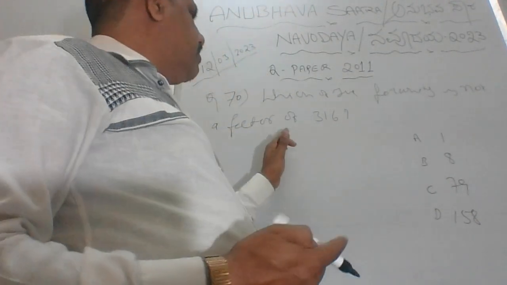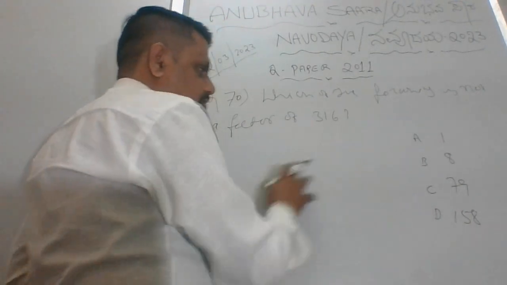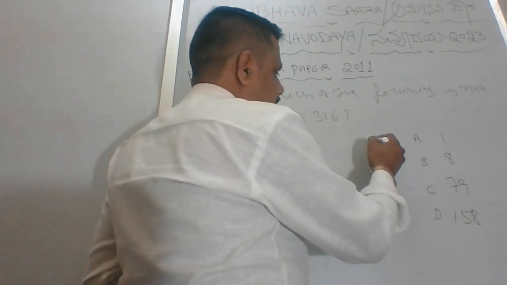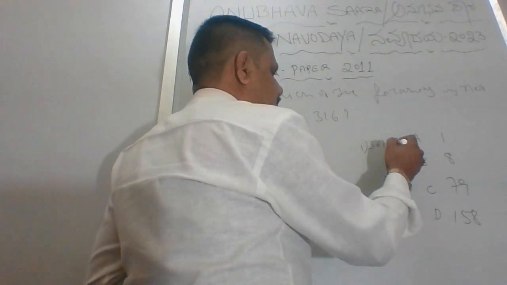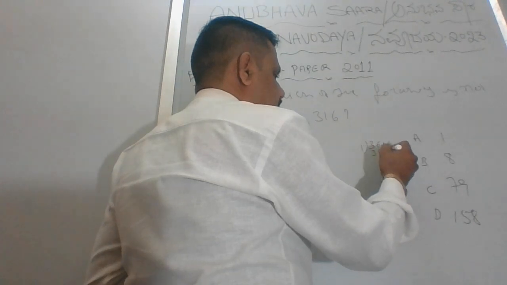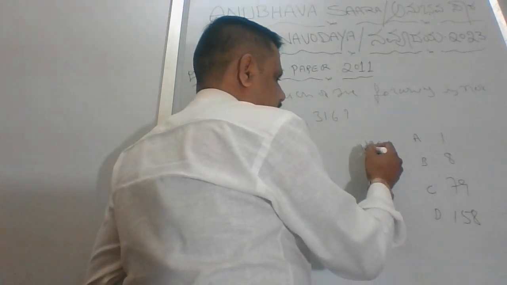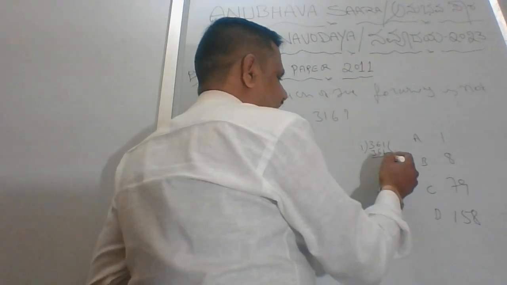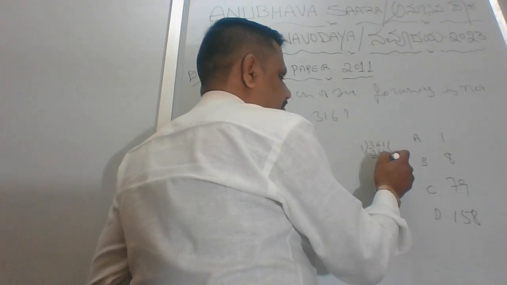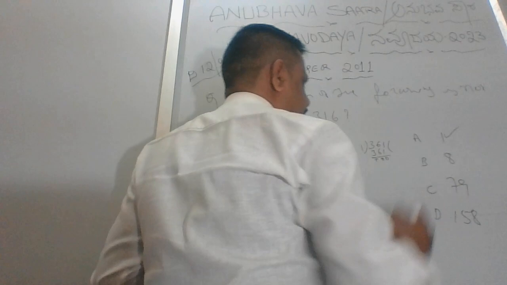Fine. Let us check one by one. 316 divided by 1 goes, so this is okay.